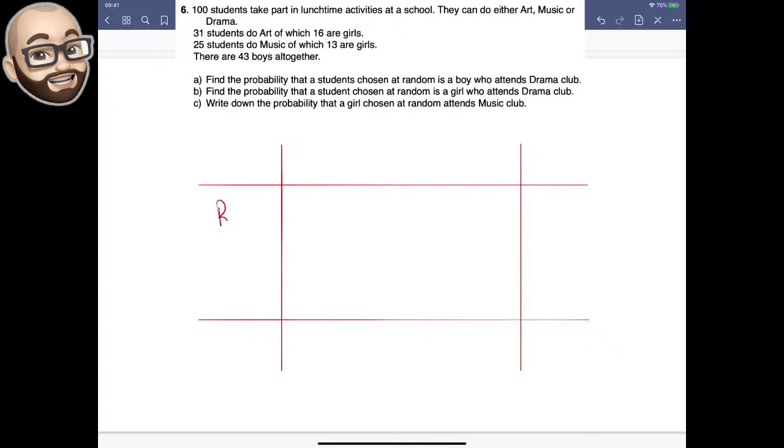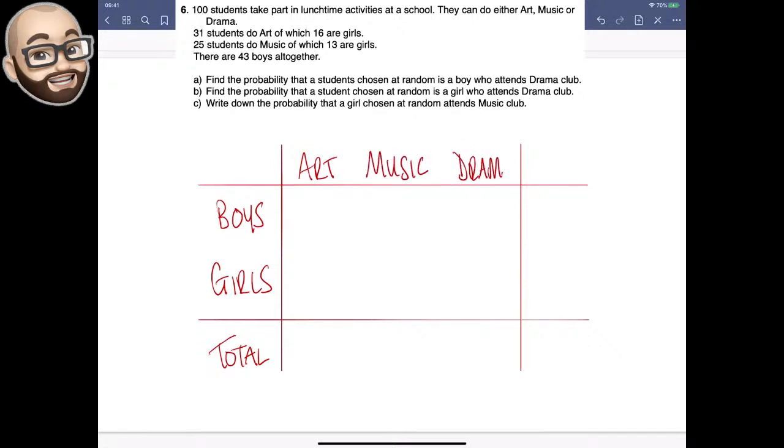So let's go for boys, girls, total, and then art, music, and drama. And again, we'll put a total at the end. And now we can start filling them in if we read each line one at a time.